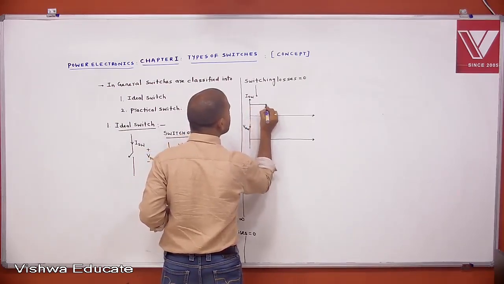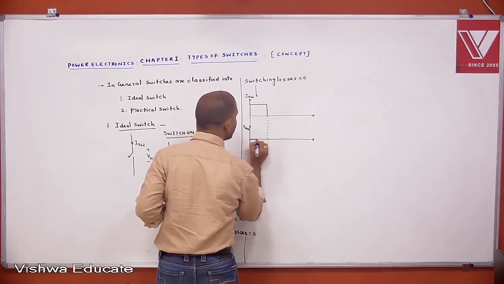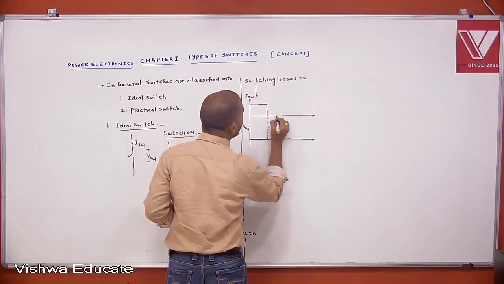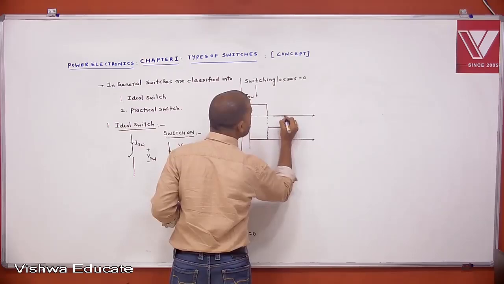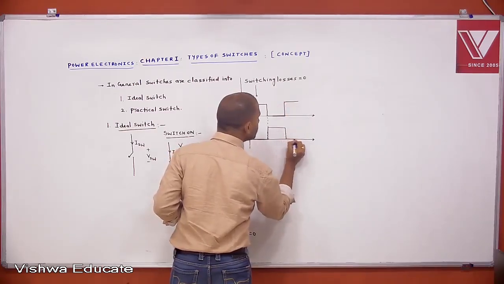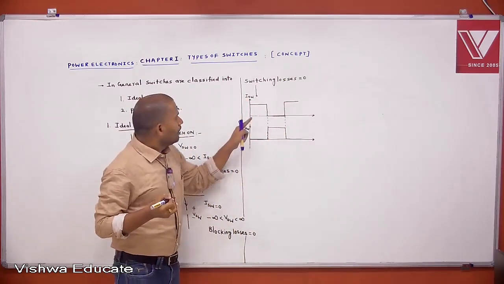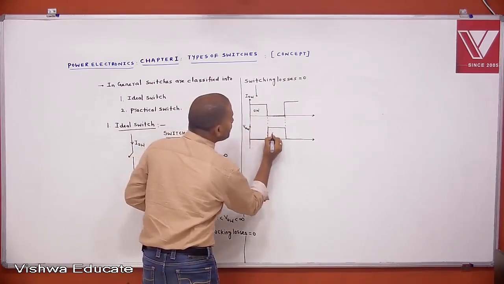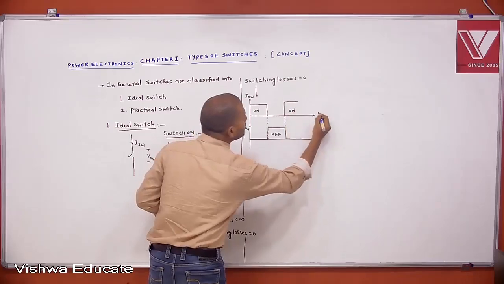If the switch is in on state, current exists, but voltage is 0. If the switch is in off state, current is 0, but voltage exists. Again, switch is in on state, current exists, but voltage falls to 0. This is the switch on condition, and this is the switch off condition. Again, there is a switch on condition.